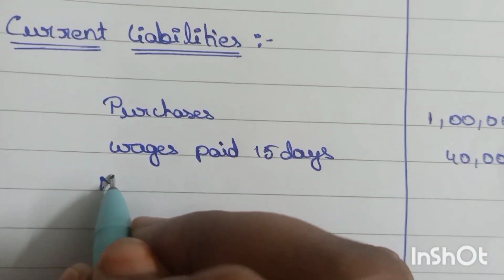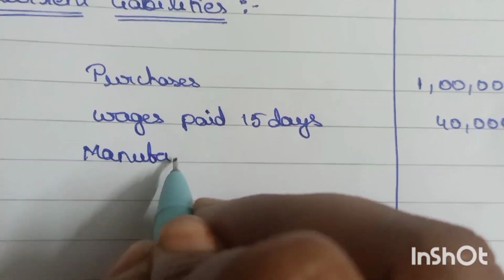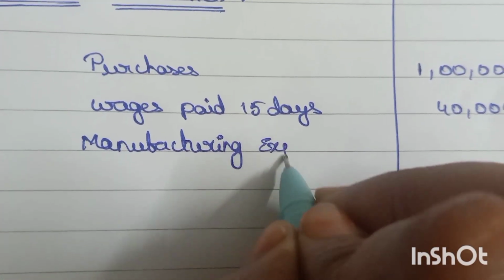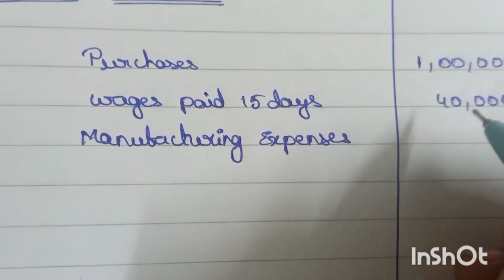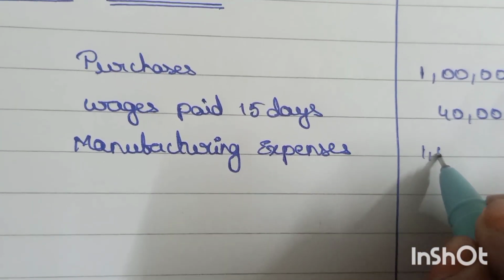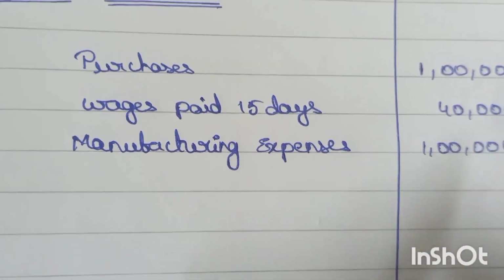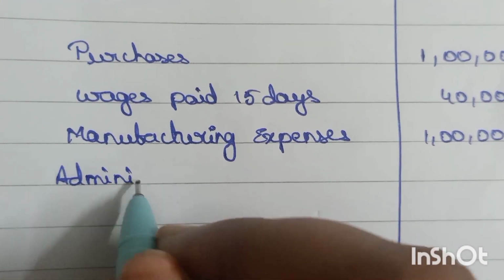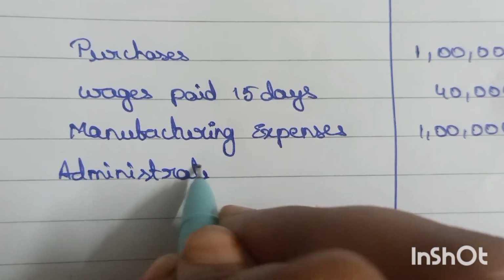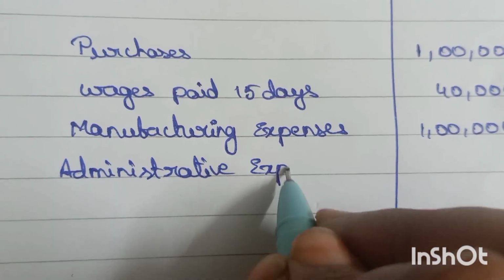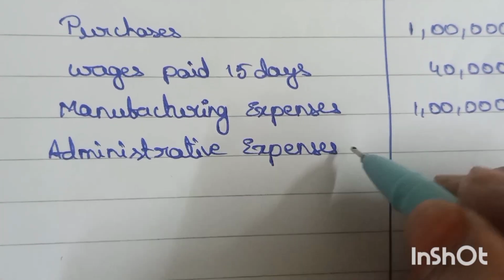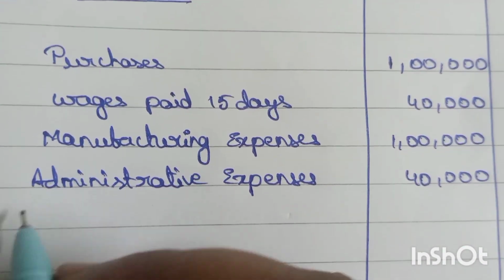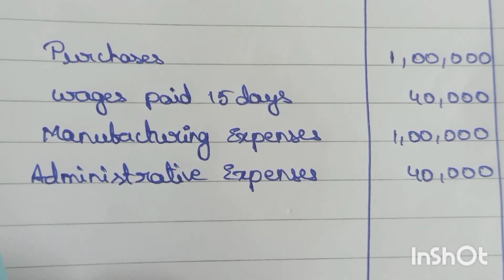Next, manufacturing expenses for 1 month in arrears: 1 lakh. Next, administrative expenses, after the calculation: 40,000.